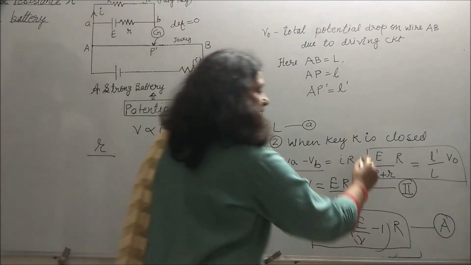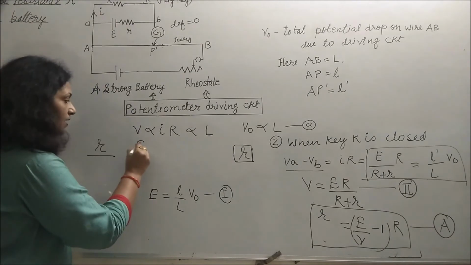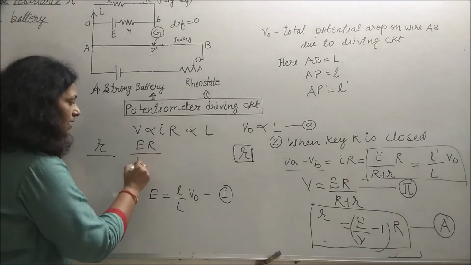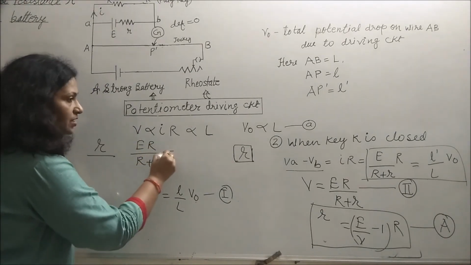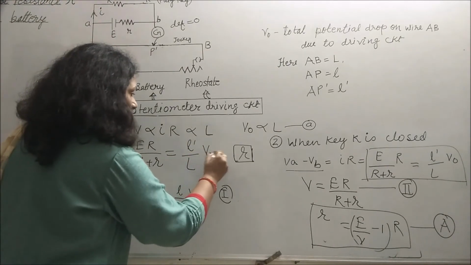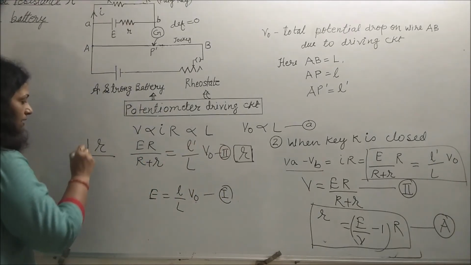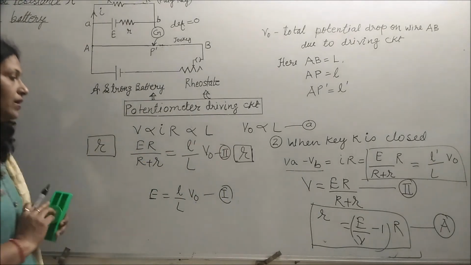For this we will take this part of equation 2, that is ER by R plus r is equal to L dash by capital L V naught. This is our equation number 2 and this is equation 1, and we are solving it for r.